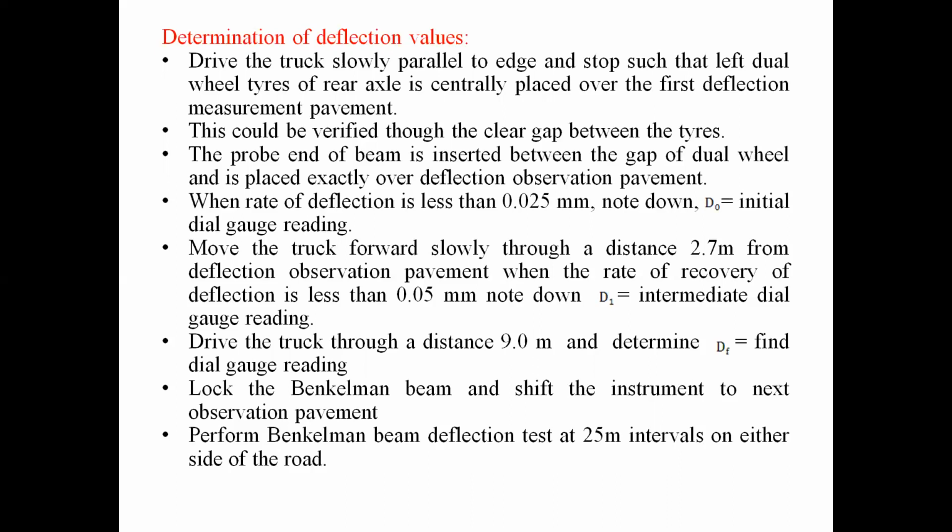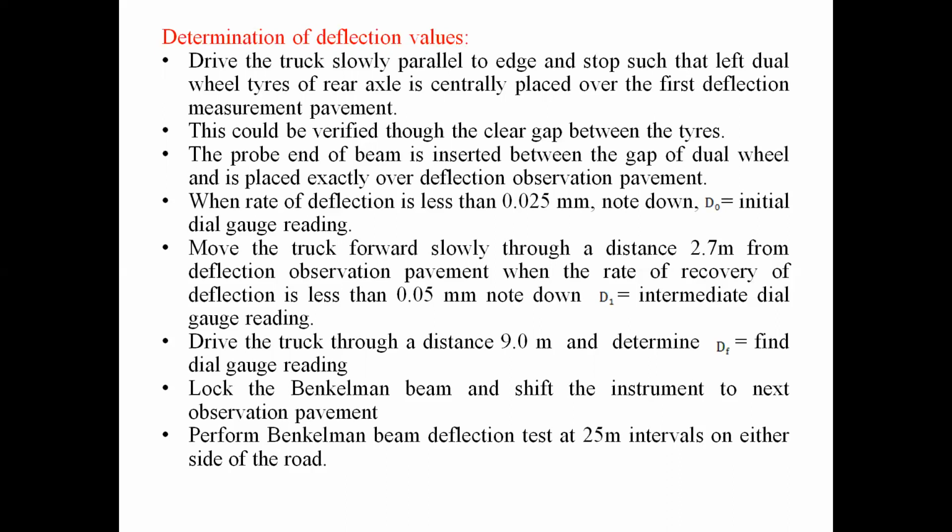Then we move the truck forward slowly through a distance of 2.7 meters from the deflection observation point. If the rate of recovery of deflection is less than 0.05 mm, we note down the intermediate dial gauge reading as DI.